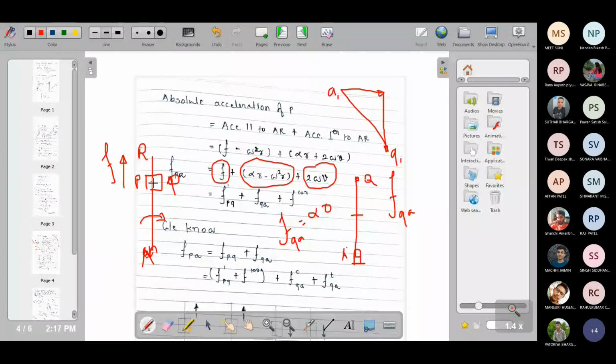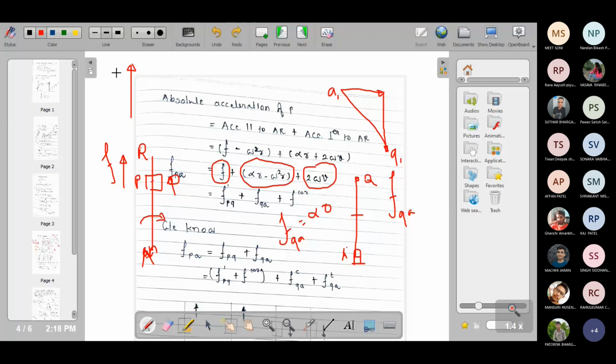You have to consider the velocity of point P with respect to Q. So this vector is the velocity of point P with respect to Q, because my arrow is towards P. Point P, with respect to point Q, is moving in the upward direction.